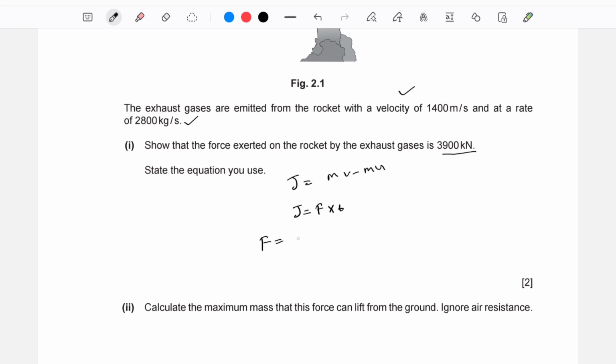Force is equal to change in momentum divided by the time. And this is the answer for this part of the question.